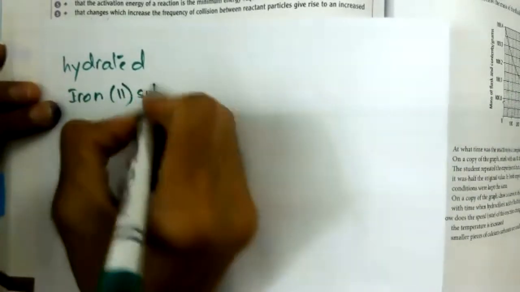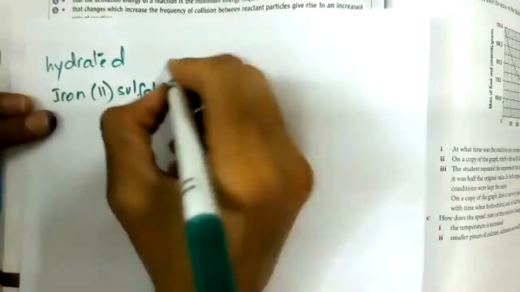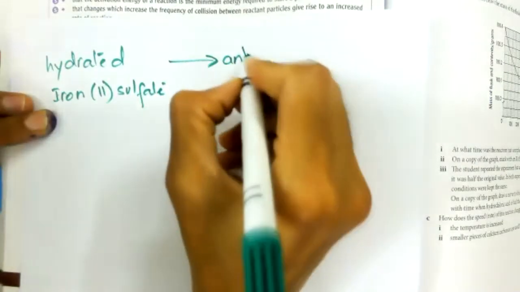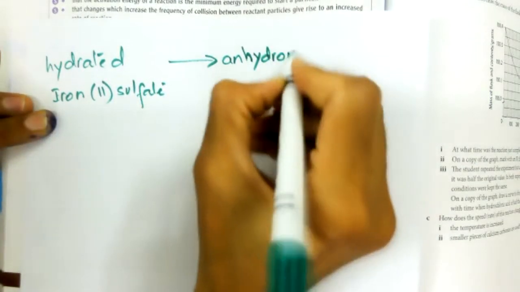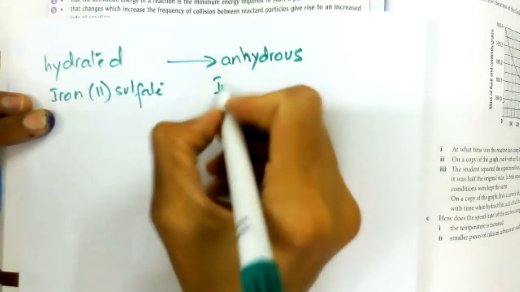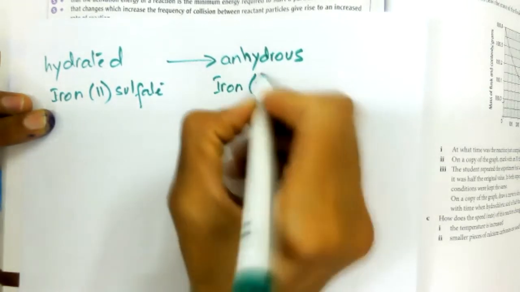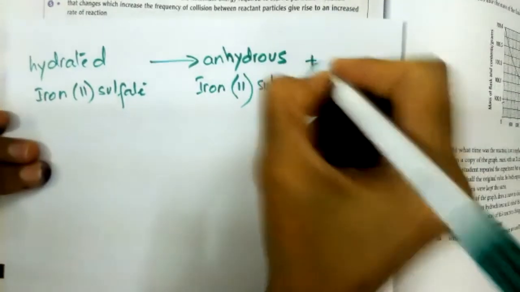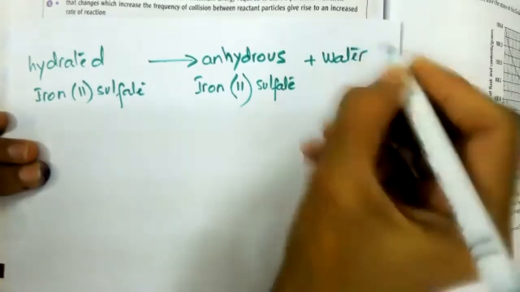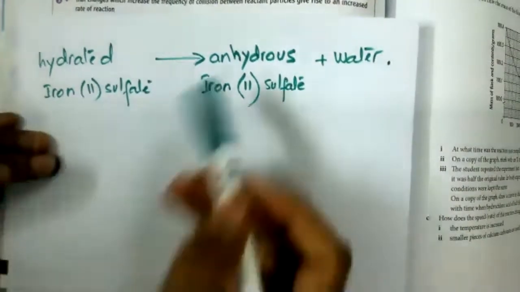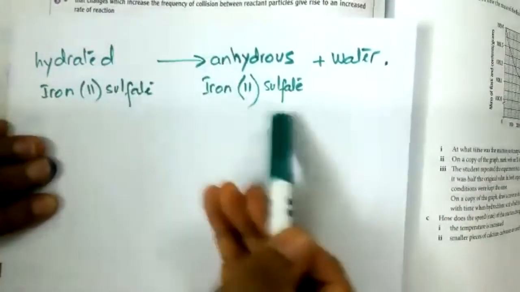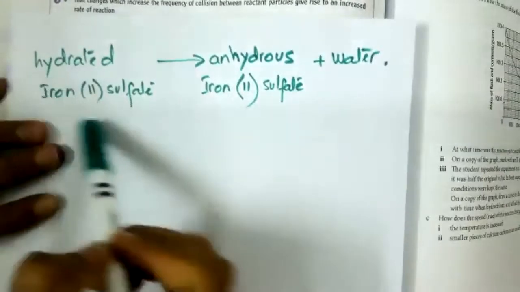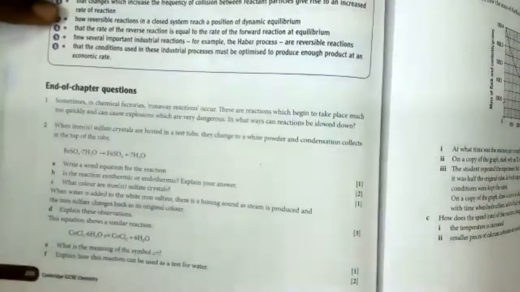Hydrated iron 2 sulfate will give us anhydrous iron 2 sulfate plus water. Now anhydrous means without water, nothing else. Just to differentiate it from hydrated. Okay, this is okay. Let's move on.